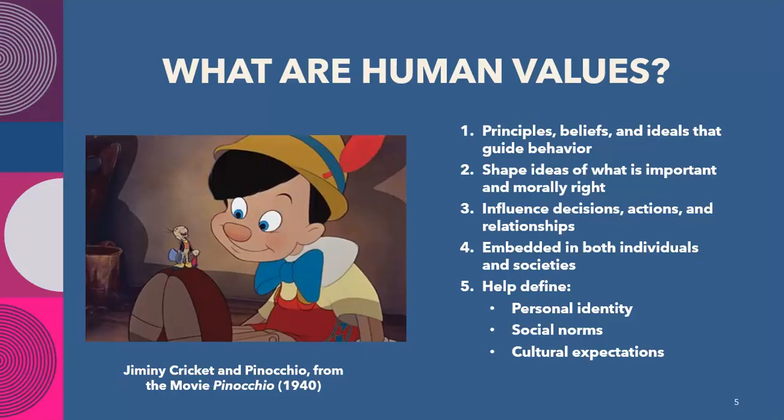When Jiminy talks about your conscience, what he's really talking about are your values, or the things you believe to be morally right or true. They serve as a compass, influencing our decisions, actions, and interactions with others. Our values are deeply ingrained, both in individuals and in societies, and play a crucial role in defining our personal identities and collective norms.